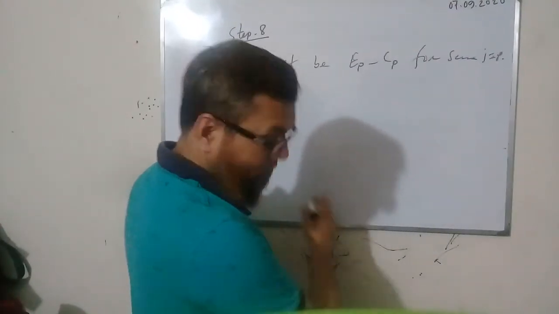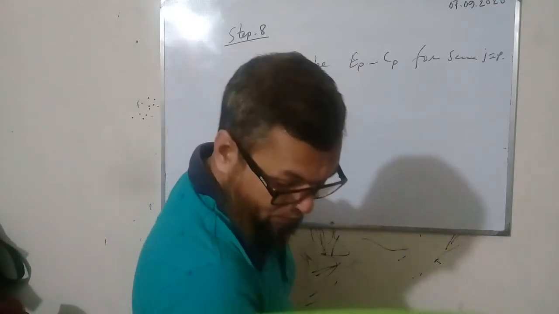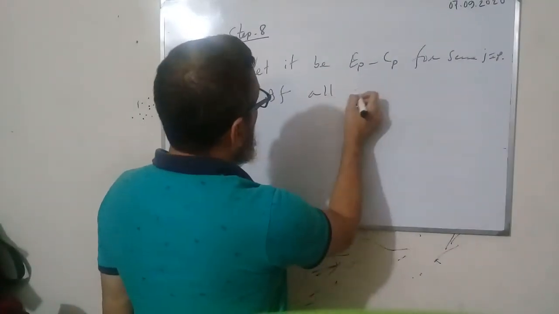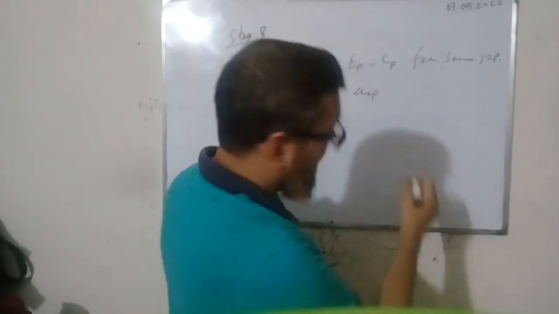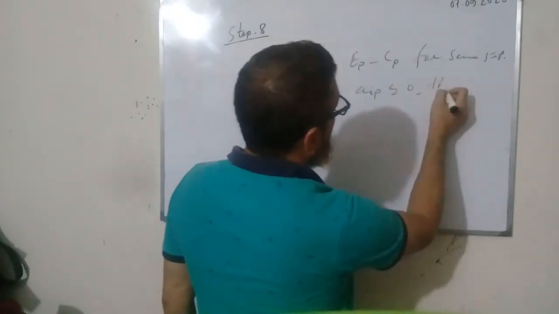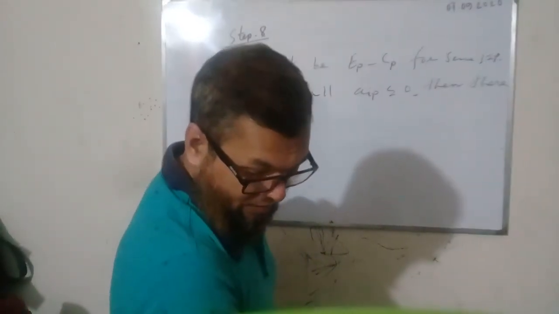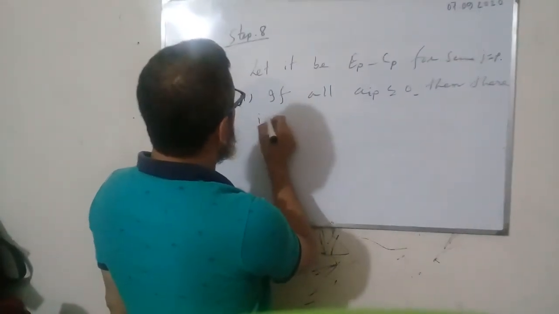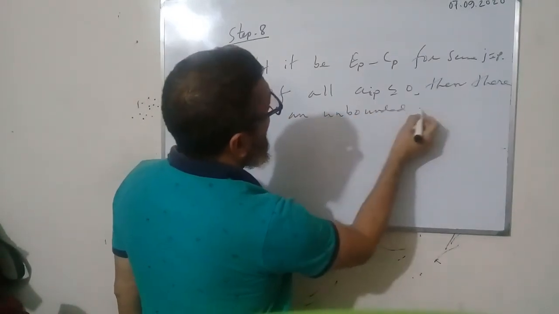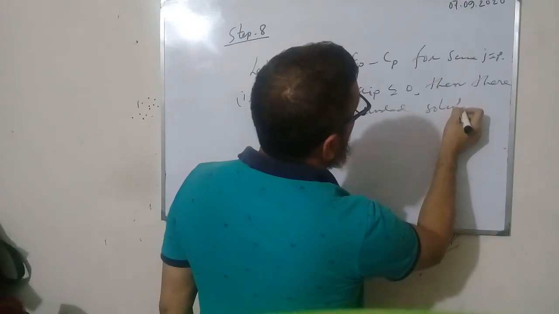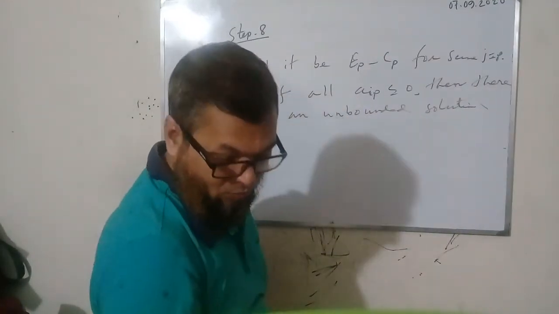Number 1. If all aip are less or equal to 0, then there is an unbounded solution. Number 2.